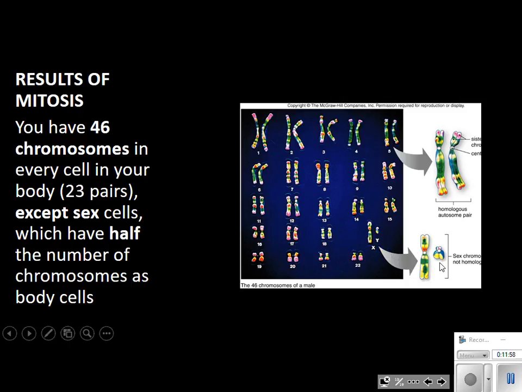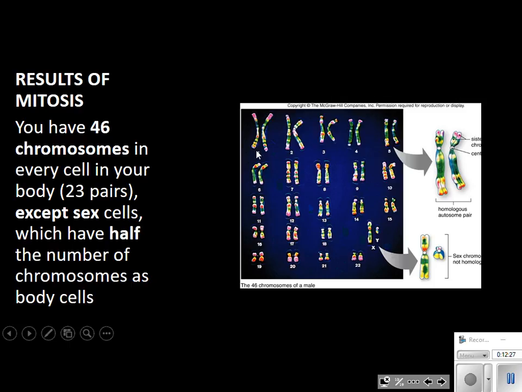So if you know anything about genetics, what's XY? A male. So this would be the karyotype of a male. And it has 22 pairs of autosomes, what we call them. And then here's the 23rd, the sex chromosomes that are not homologous.